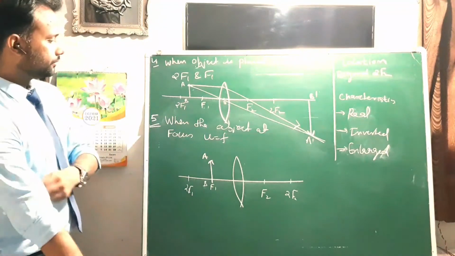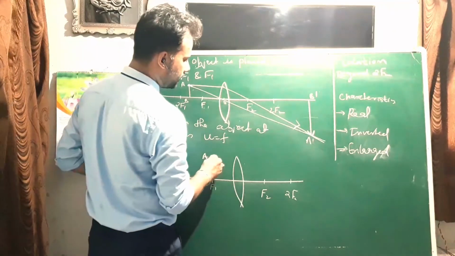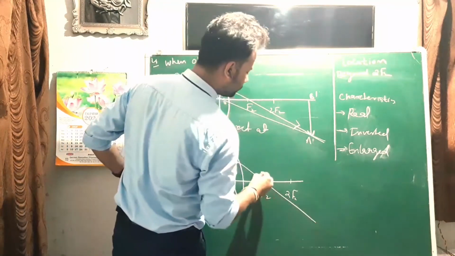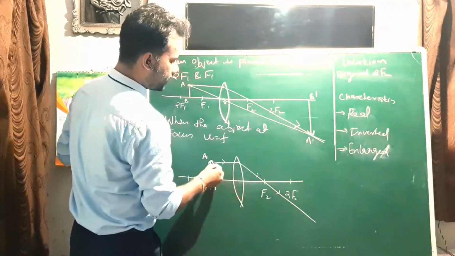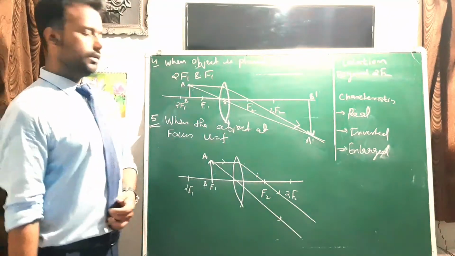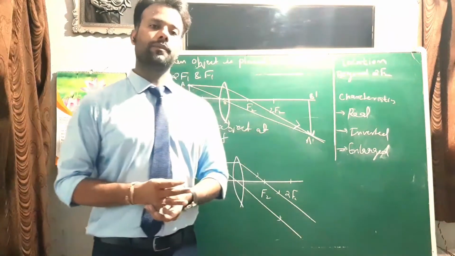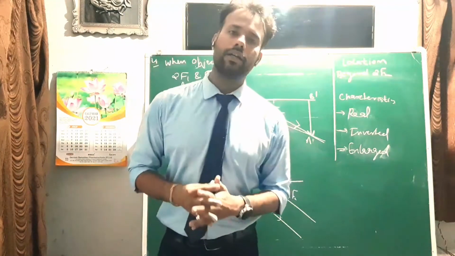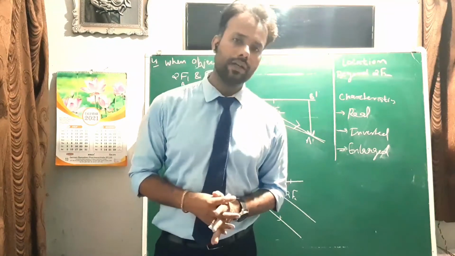Now use two rays: first parallel to the principal axis, passing through the focus. Second from the optical center. Can you see? These two rays are parallel to each other, and you must have studied in mathematics that two parallel rays always intersect at infinity, right?